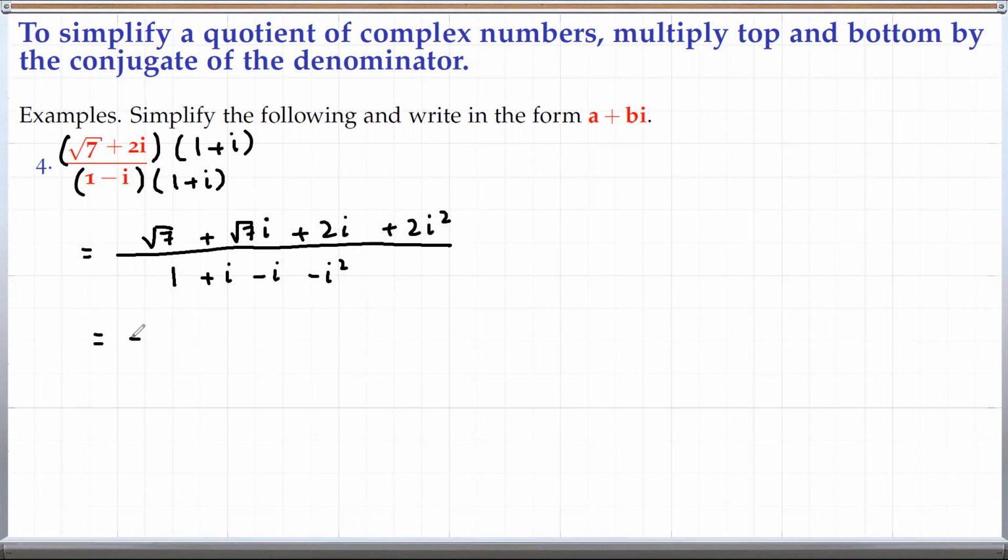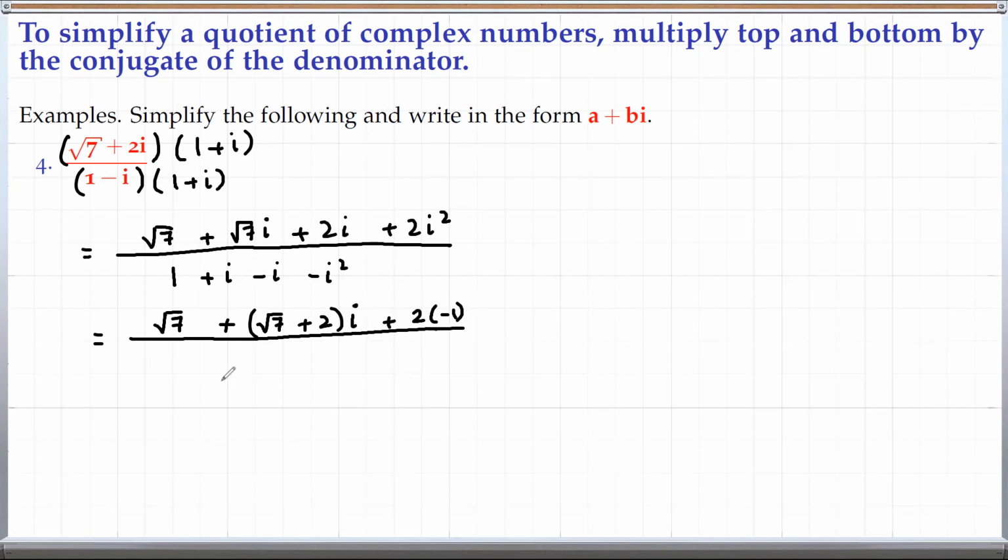Now the rest is just simplifying. So on the top, we have square root of 7, square root of 7i plus 2i. So this we can write as square root of 7 plus 2i plus 2 times negative 1, because i squared is negative 1.